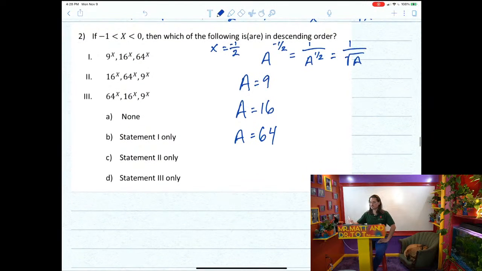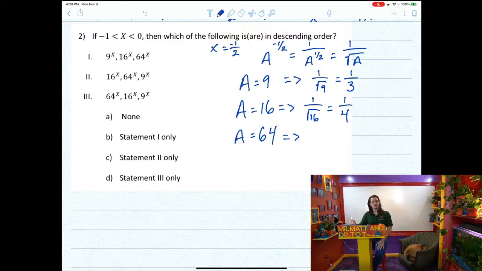If a was equal to 9, we would have 1 over the square root of 9. That would be 1/3. If a were equal to 16, we'd have 1 over the square root of 16. That's 1/4. If a is equal to 64, then we would have 1 over the square root of 64. That's 1/8.